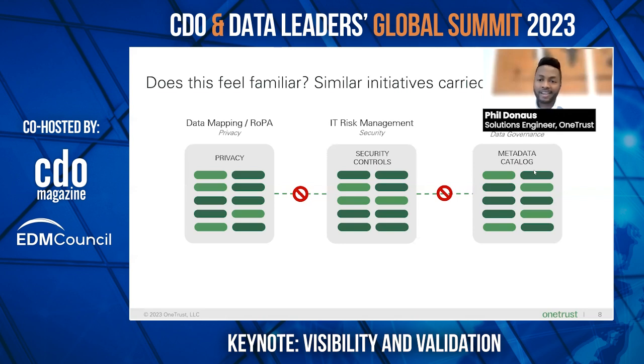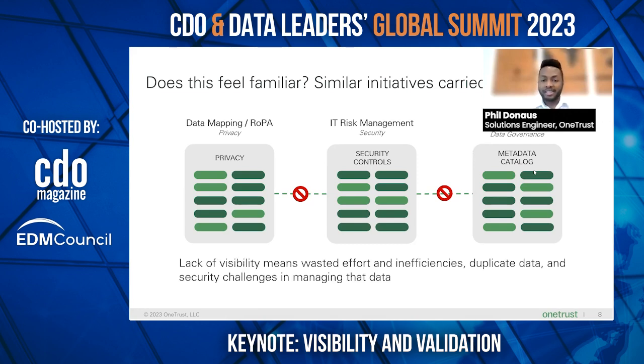If privacy doesn't have that awareness of that initiative, and instead they now see individuals asking to unsubscribe or asking to have their data removed, then there's a disconnect. What we want to do is change this lack of visibility by having everyone operate and start those initiatives in the same place.